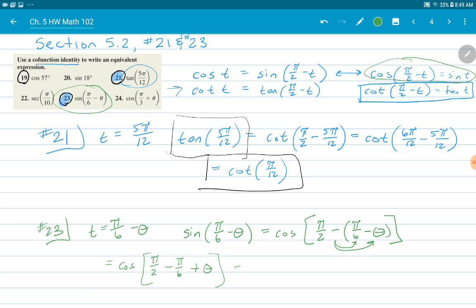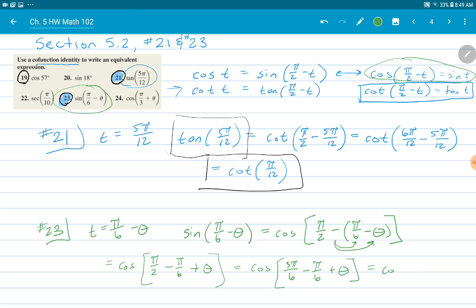And now I need to combine those fractions. So I need a common denominator of 6. So I'll do 3 pi over 6 minus pi over 6. Not much I can do with theta since I don't know what theta is. It's not a value, it's a variable.